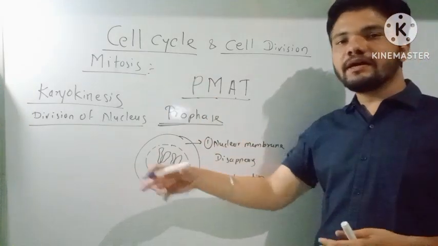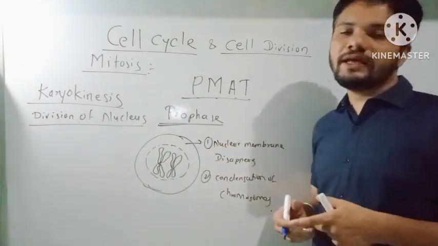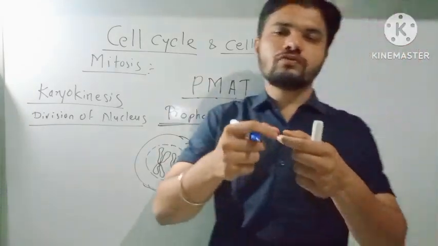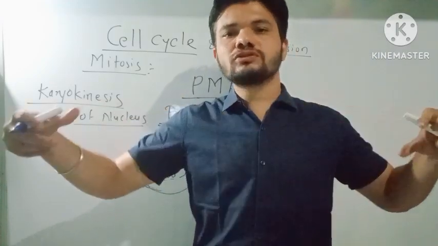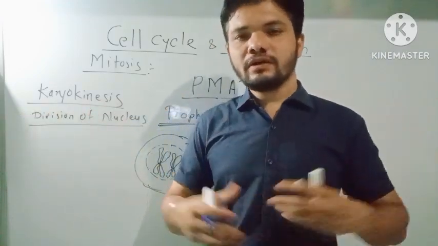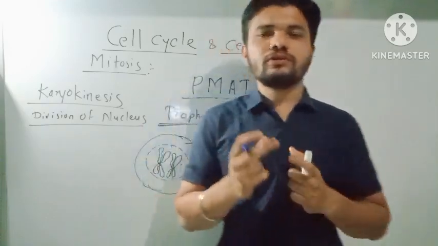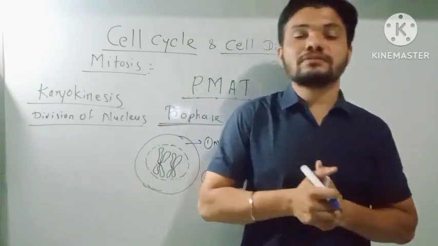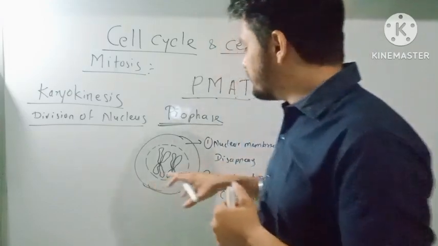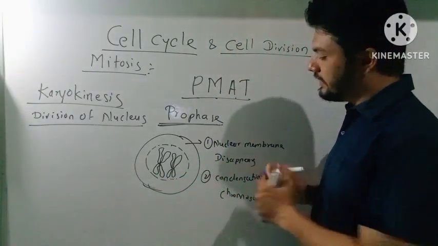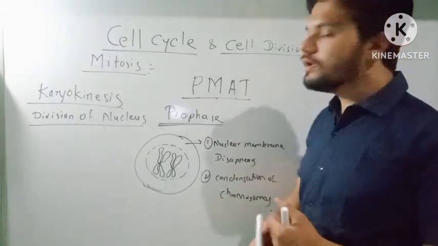Normally in the interphase, the DNA is in the form of chromatin, which is a loose form of the DNA. But if you condense and compact that chromatin, the chromosomes are visible. So condensation of chromatin takes place in the prophase.